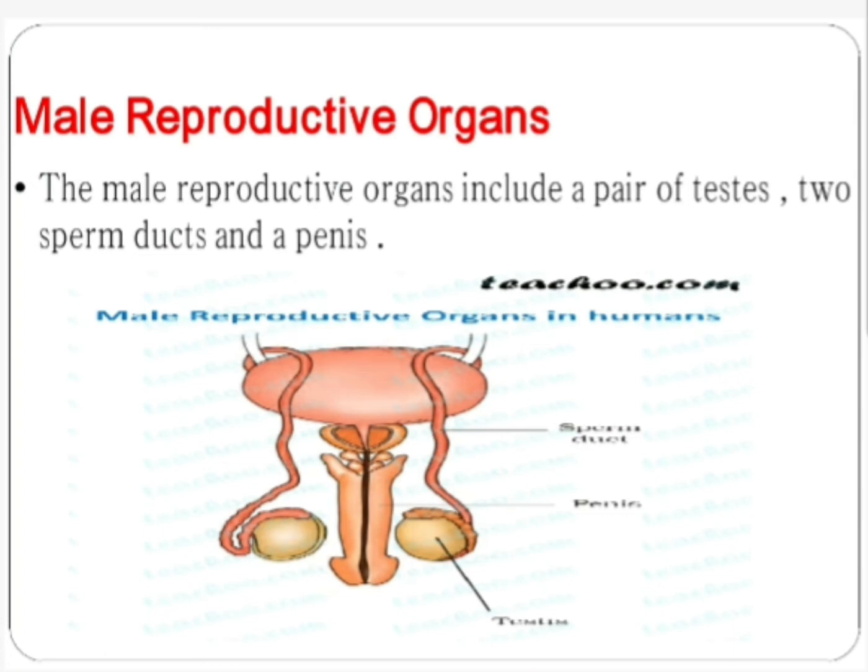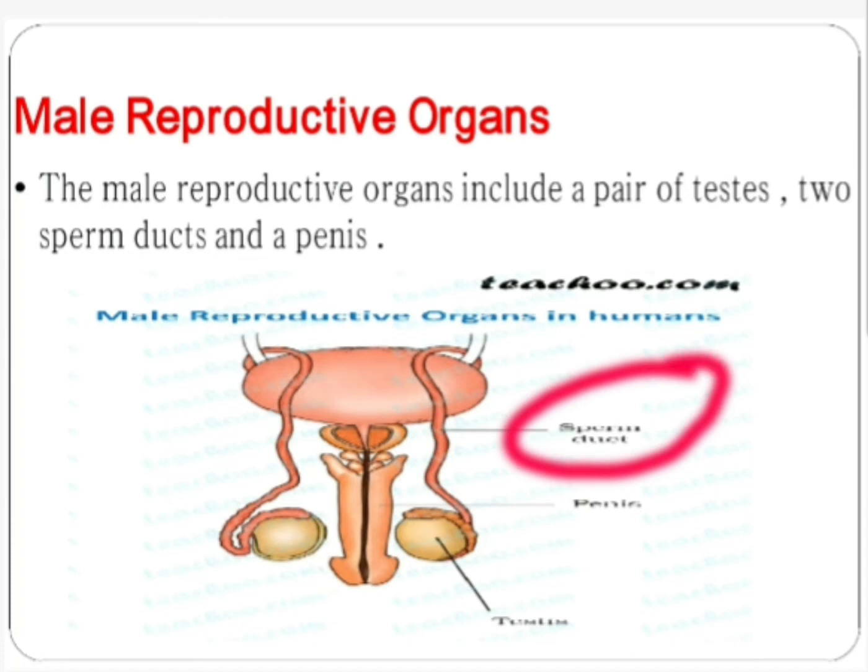And the testes produce the male gametes called sperm. Millions of sperms are produced by the testes.